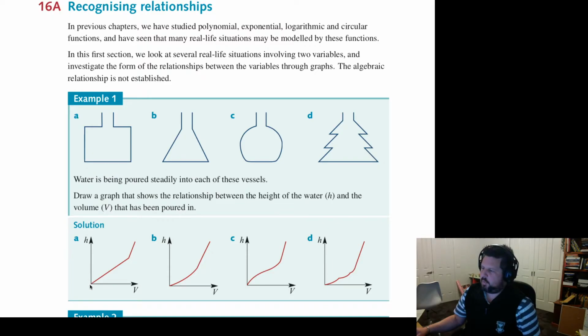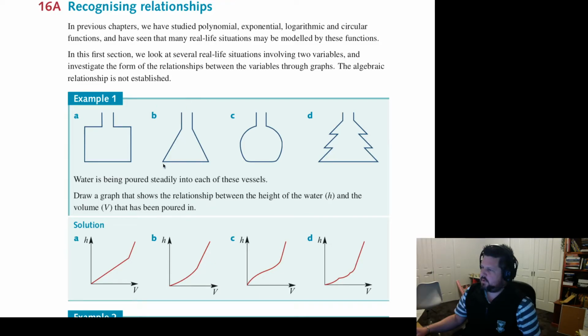Looking at the solution, notice we are sketching it with the volume on the x-axis and the height of the water on the y-axis. As we said, a constant increase until it gets to here, and then it's still going to increase, but at a faster rate, so it's going up faster. It's got a larger gradient there.